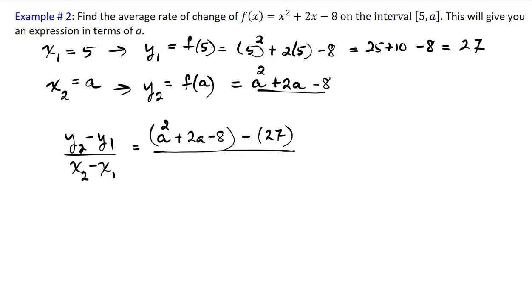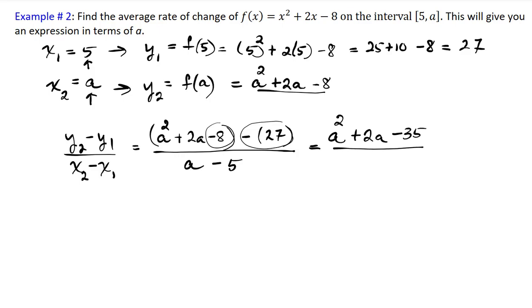Divide all this by x2, which is a, and then take away x1, which is 5. And now we can subtract the numerator. That's a squared plus 2a. We have a -8 minus 27, so that's minus 35 all over a minus 5.